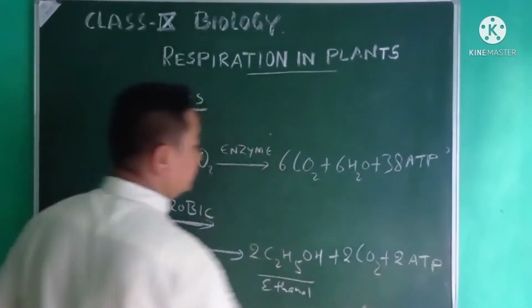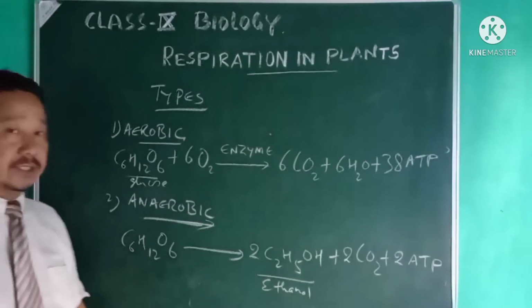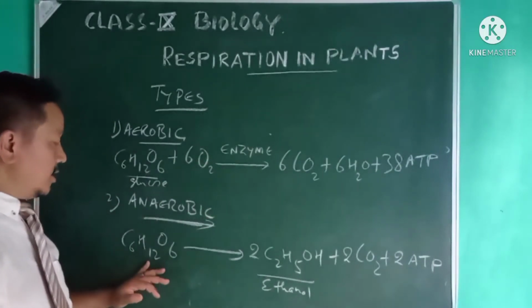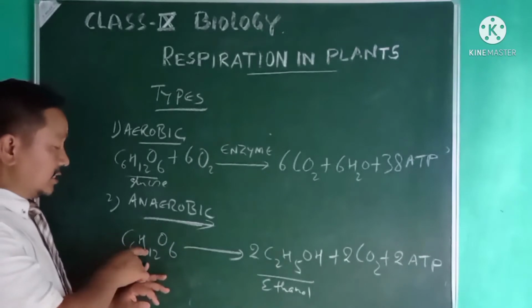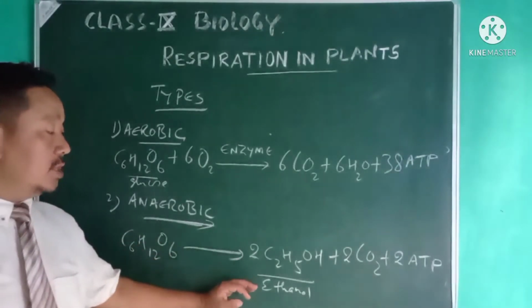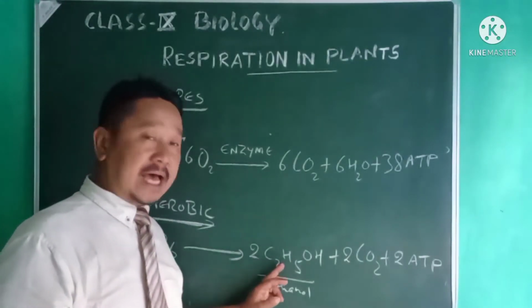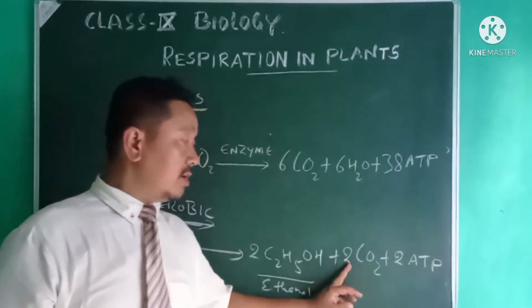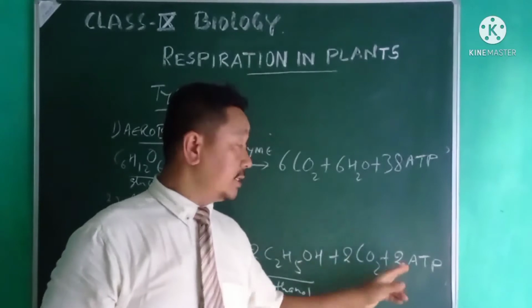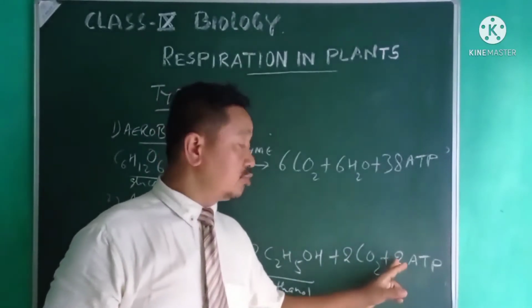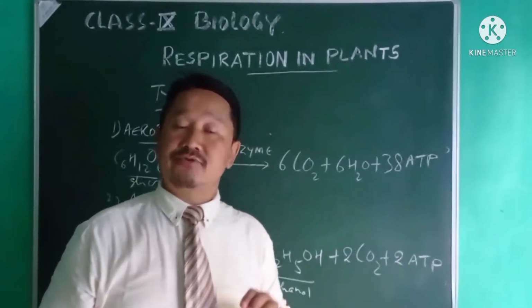Now you can compare these two equations. Here no oxygen is needed. Directly C6H12O6 is giving 2 molecules of ethanol plus 2 molecules of carbon dioxide and a very small amount of energy, that is 2 ATP, meaning 2 molecules of adenosine triphosphate.